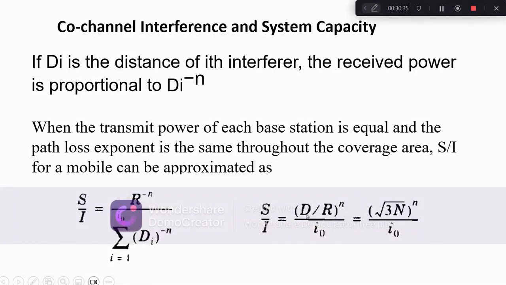From here, D is the distance between the centers of the two co-channel cells, R is the radius of the transmitting cell, n is the path loss exponent, and I naught is the part that is interfering from the co-channels of the transmitting cell.